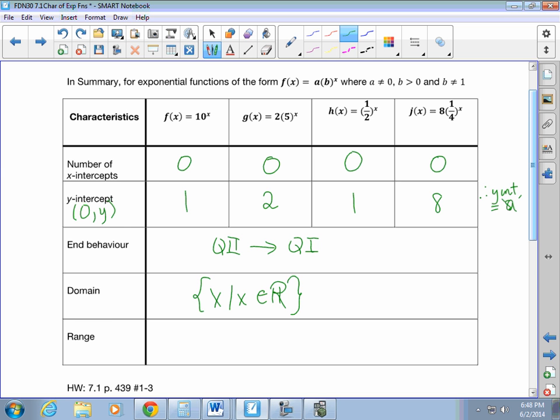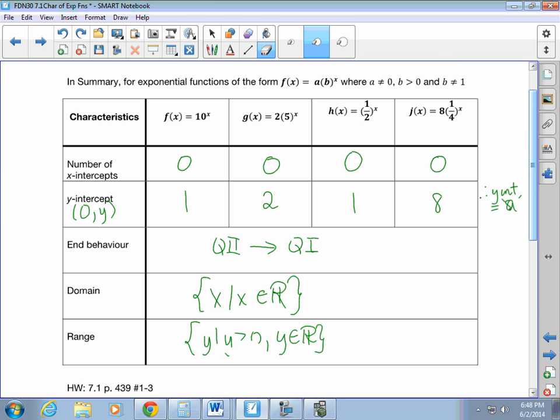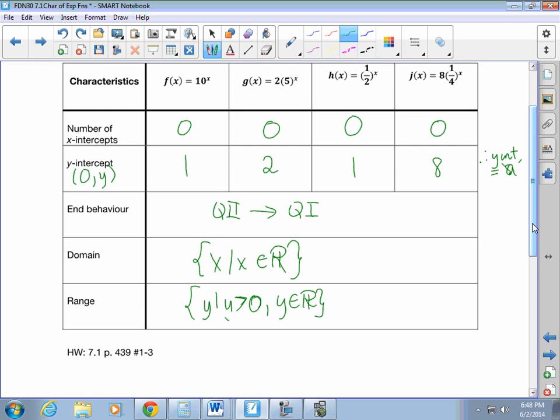However, our range, we never crossed the x-axis, so it never went below 0 on the y. So y is an element of the reals, y greater than 0. It shouldn't be equal to, it should just be greater than, because we never touched the x-axis. We never actually got a 0.